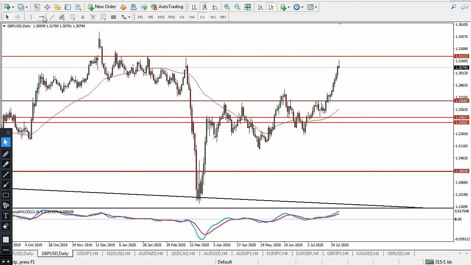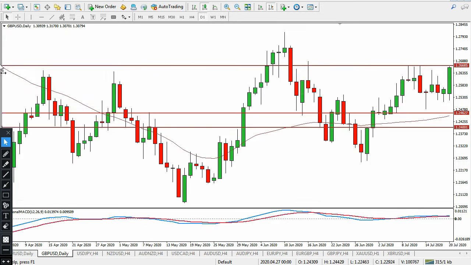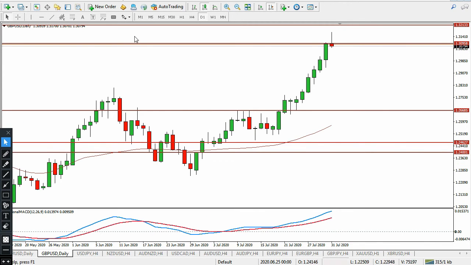You see here, the price closed below the strong resistance zone with a beautiful reversal sign. This candle formation is a shooting star, and this is also a good sign for reversals.